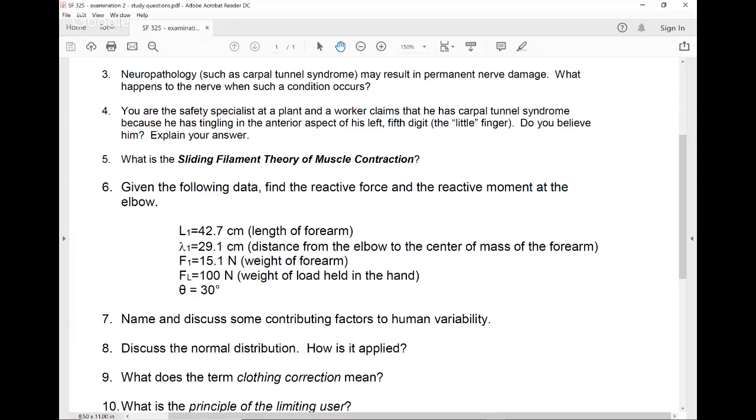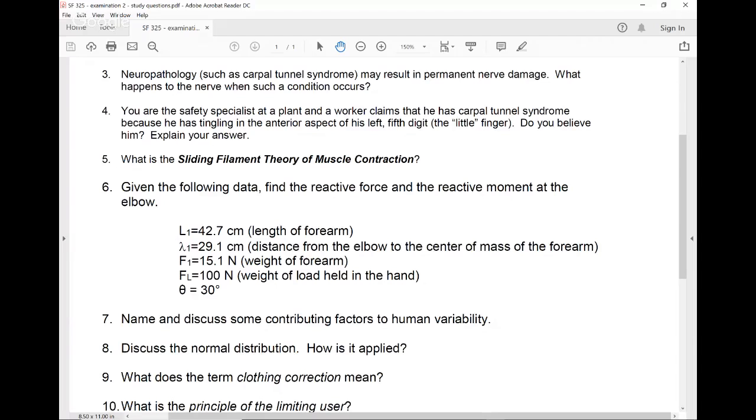So what happens to the nerve if you're getting permanent nerve damage? To be honest, I wasn't totally sure on this, and I was trying to find an exact answer, but I just know generally when you get this kind of thing going on, you may get scarring on the nerve and dead parts.